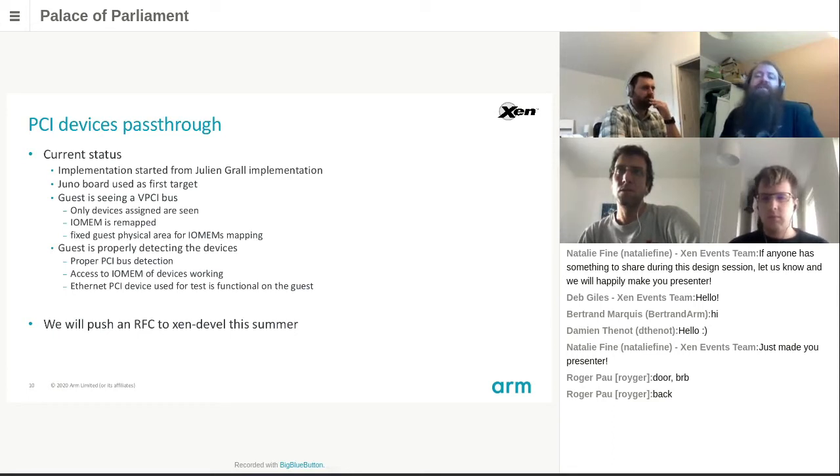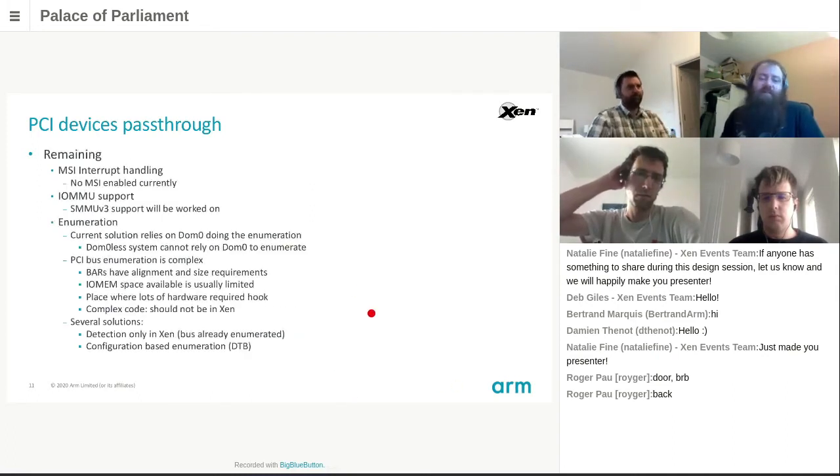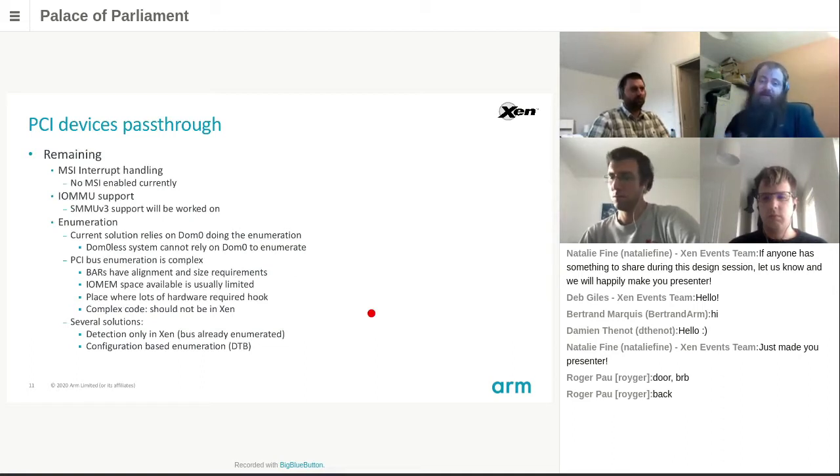Because the thing is, as you identified, we cannot rely on DOM0 being able to tell us the safety of how to program the IOMMU and set quirks on the bridge devices and all of that when we're trying to use the IOMMU to isolate a not totally fully privileged DOM0. And your options there are to trust hardware did it right or do it right yourself.